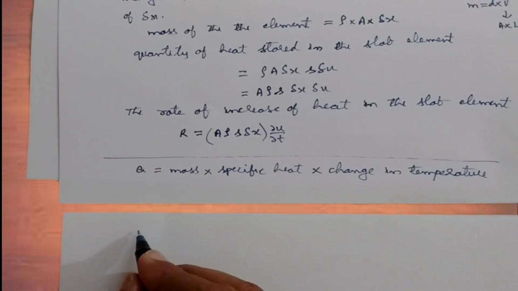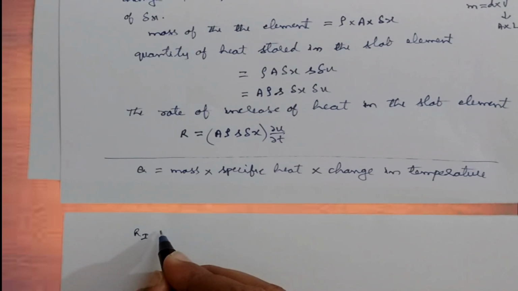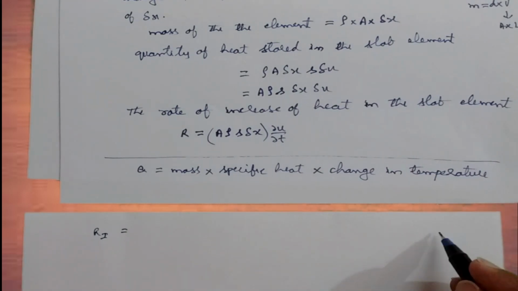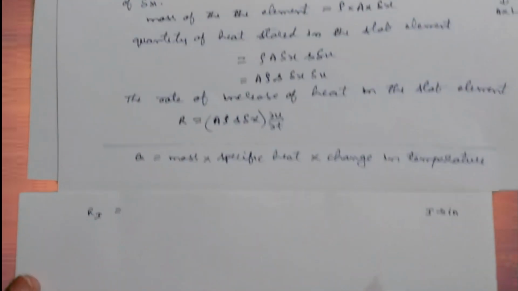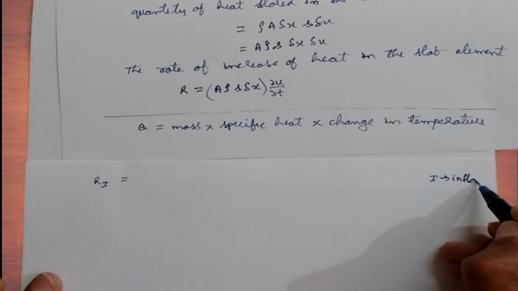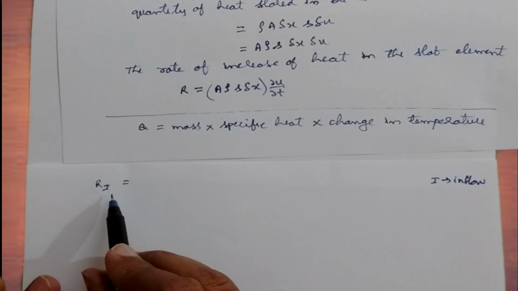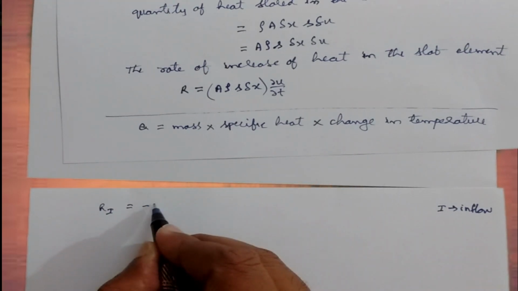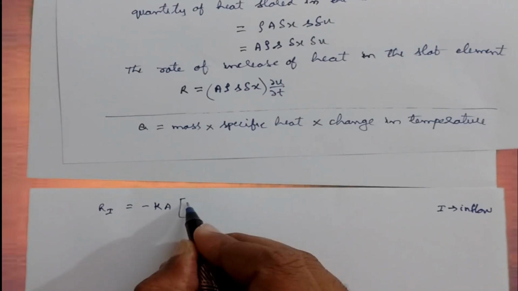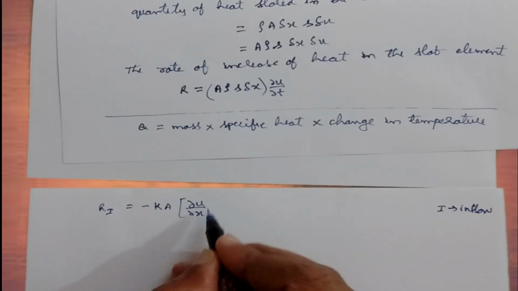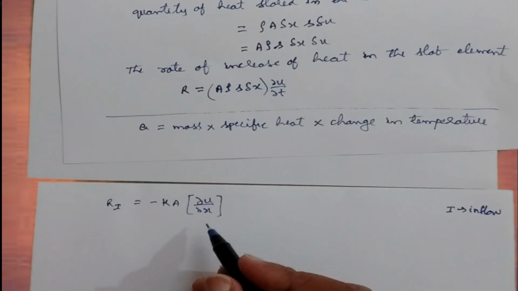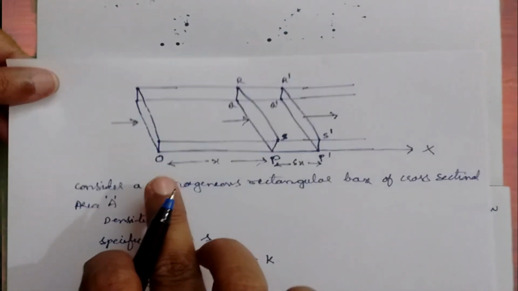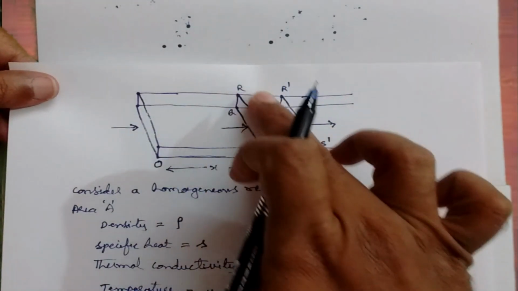If I take that as the rate of inflow, Ri, where i represents the inflow, it is given by Fourier's law of heat conduction, which is minus K into A times dou U by dou X. And this rate of inflow is at a distance of X from the origin, the first rectangular slab that I am taking.